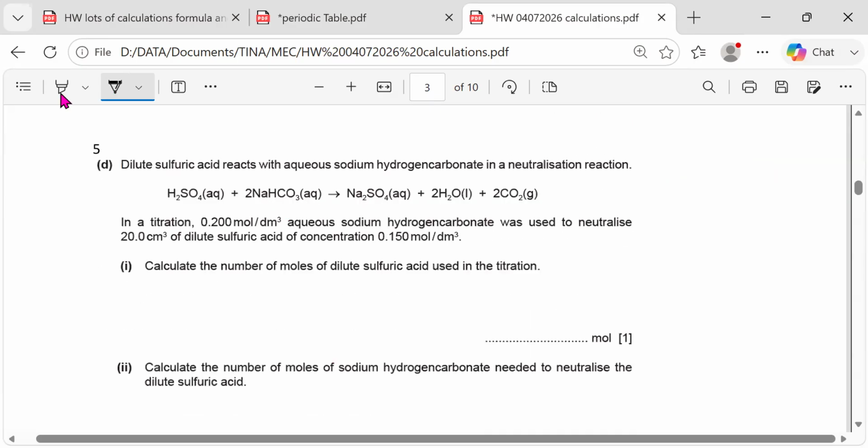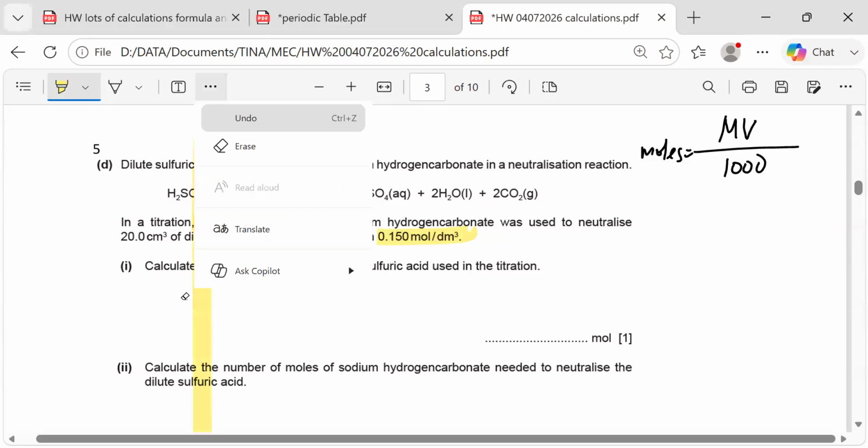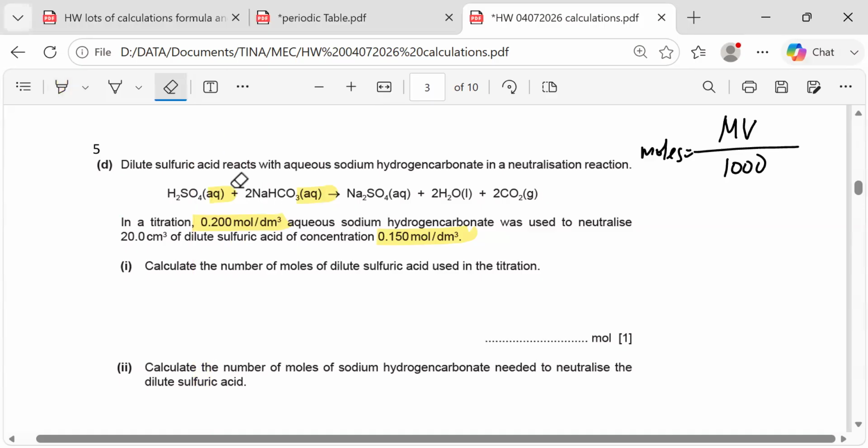Look at question 5. Every time you see this unit, what is this? The M in MV over 1000 is for molarity. Can you see here? Aqueous. So you have to use MV over 1000. Amount of moles equals MV over 1000.